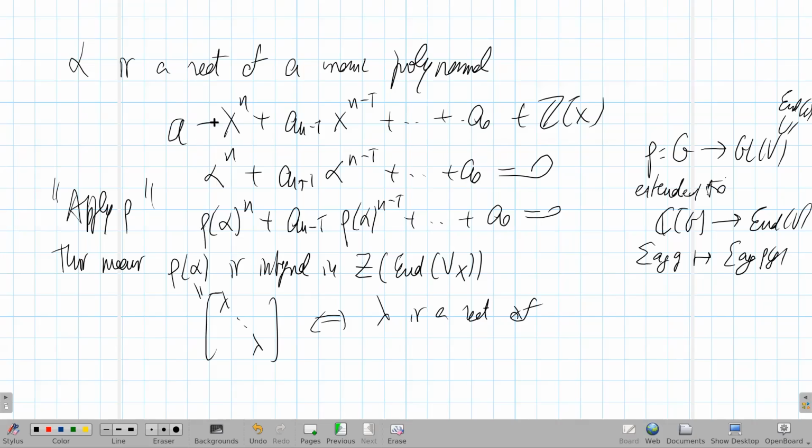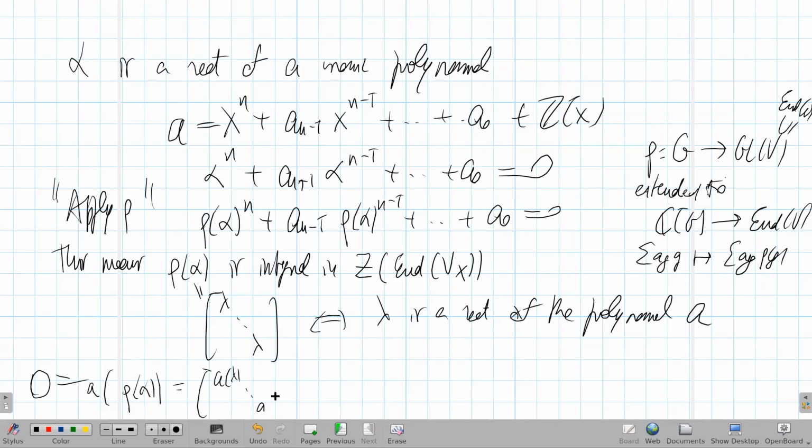Let's call this polynomial A. Obviously, what it means to evaluate this polynomial in this matrix is that A evaluated in rho alpha is 0. We saw that this is 0, but this is nothing else but A of lambda, A of lambda, because that's the way you compute with scalar matrices.